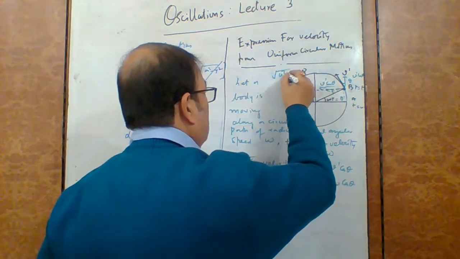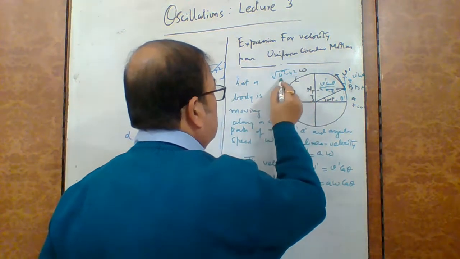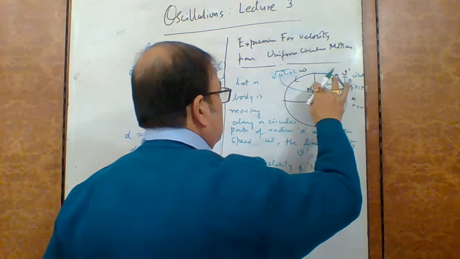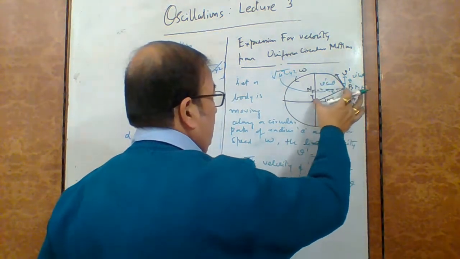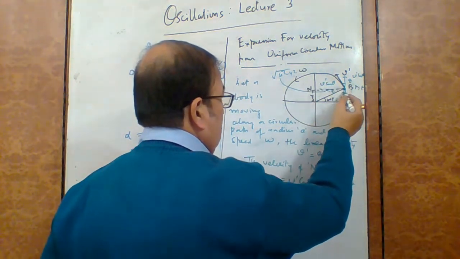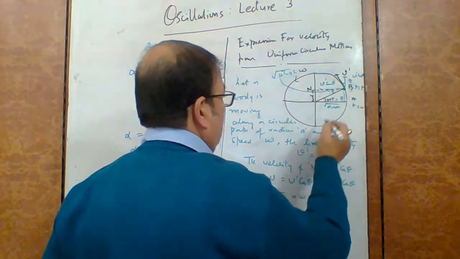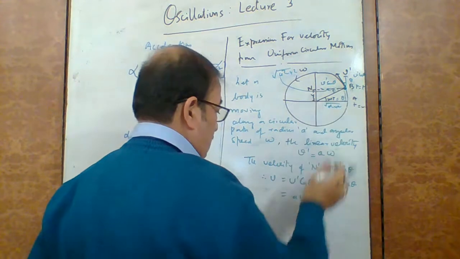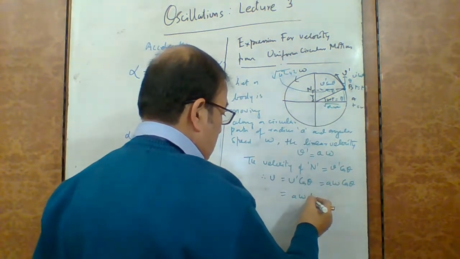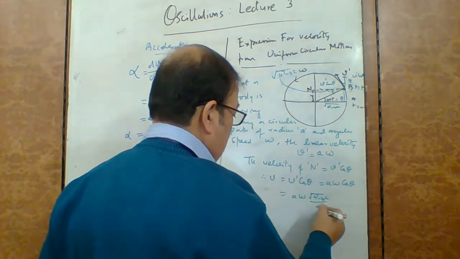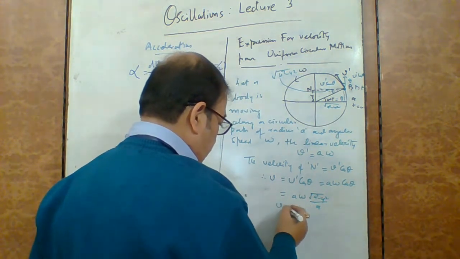under root a square minus y square is this distance. Why this distance? Because this is y and this is a, and we need to get this value. This distance will be under root a square minus y square. And therefore this is under root a square minus y square upon a, and a cancels out.